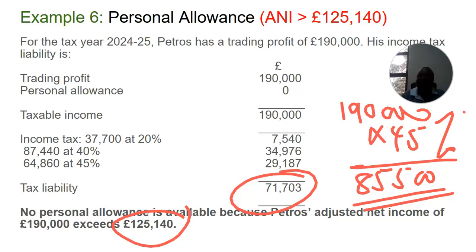This is why we are saying this is wrong. He should pay 71,700. On the multiple choice, you're going to find the 85,500 there, and you'll be in for it. You come back to the tutor and say, tutor, he didn't teach me well.